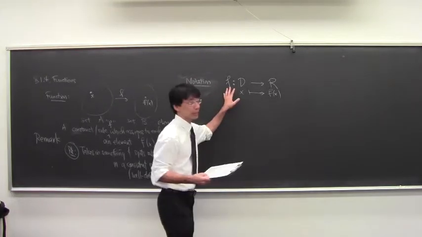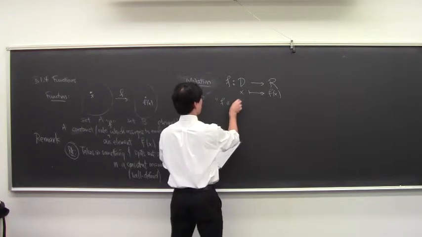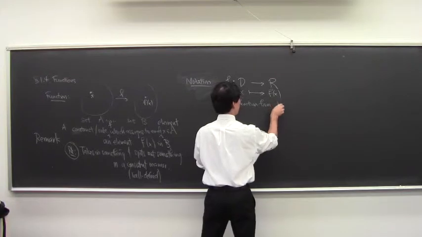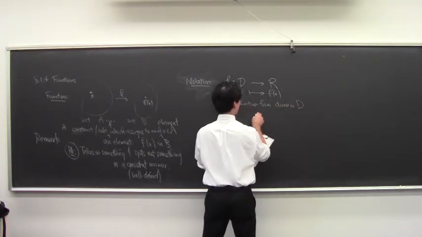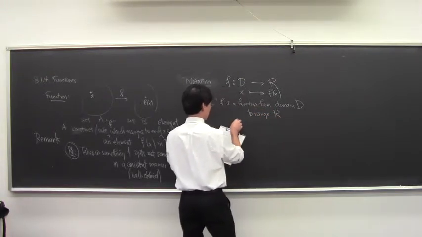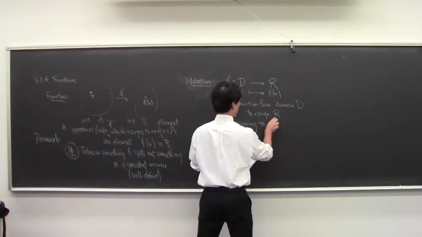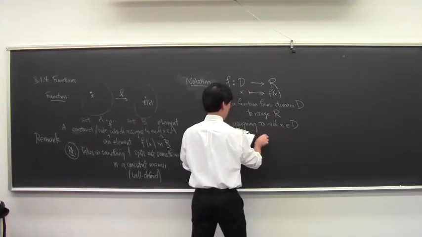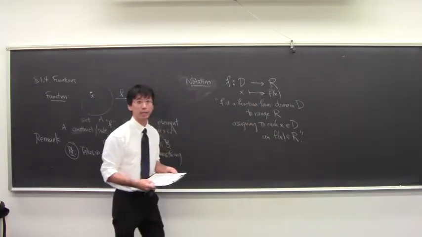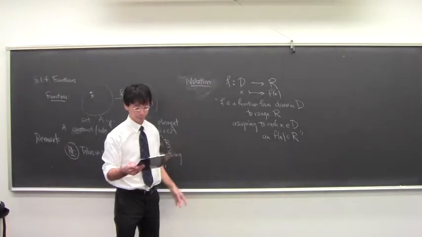Okay, so if I write something like this, the way you read it is f is a function from domain D to range R, assigning to each x in D an f of x in R. So that's the English equivalent of this brief package here.